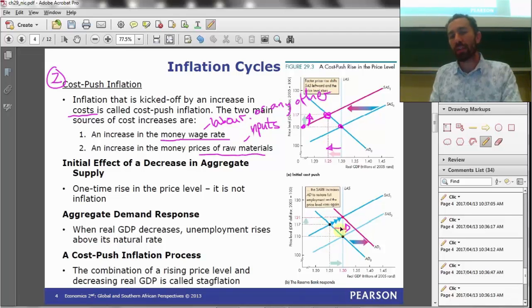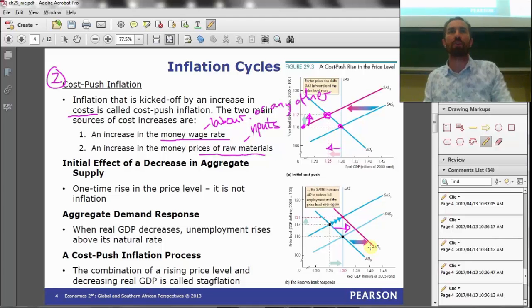If that increase in aggregate demand leads to further higher prices, and as a result laborers demand higher nominal wages, what's going to happen? Our aggregate supply curve will shift to the left again. If in response to that, government intervenes once more and shifts aggregate demand to the right, what do we end up with?